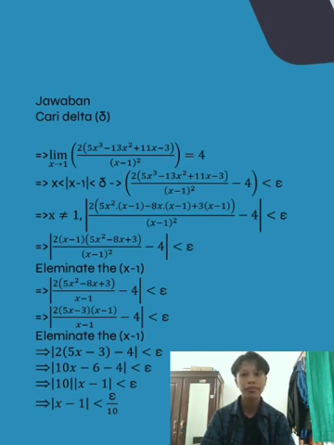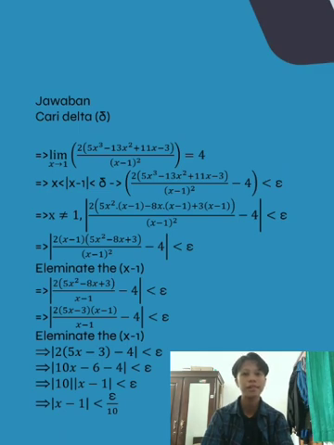Then we break down the numerator again into 2 times (5x minus 3) times (x minus 1) over (x minus 1) minus 4. Again, eliminate the x minus 1, and it equals 2 times (5x minus 3) minus 4. First we multiply by 2, becoming 10x minus 6 minus 4, less than epsilon.